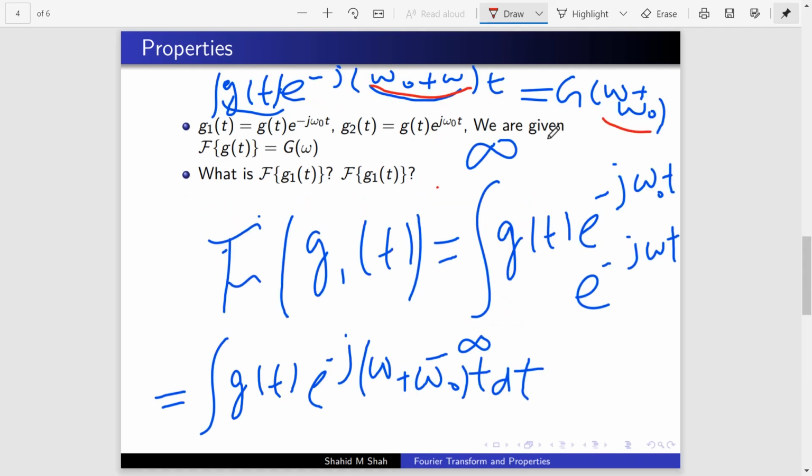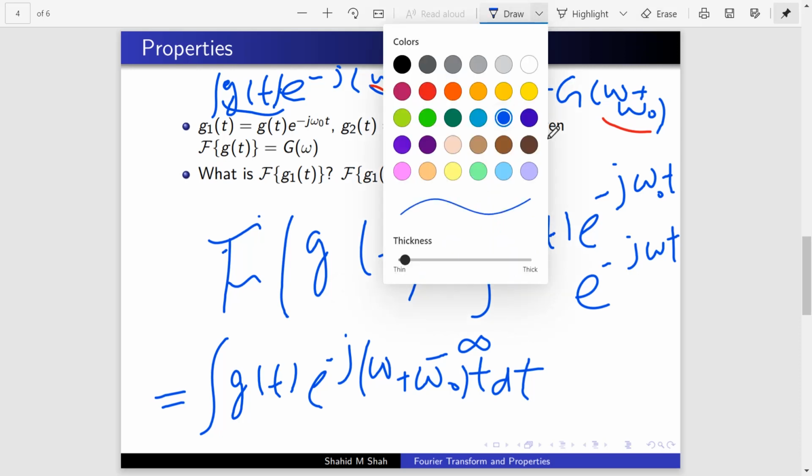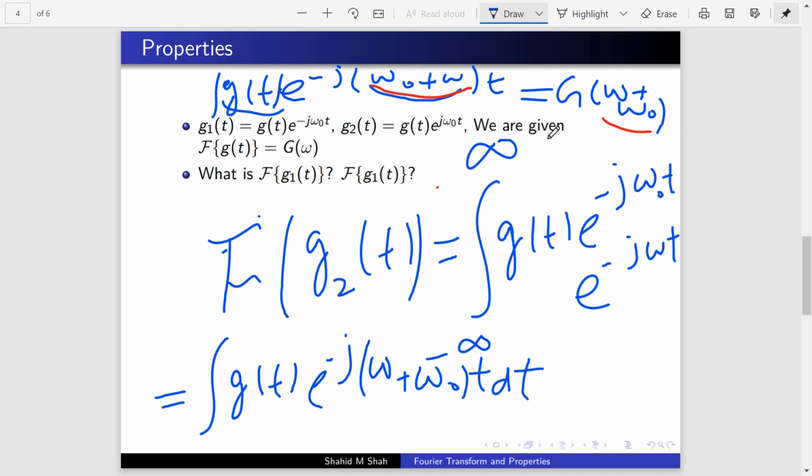Why? Go back to this slide. Now if I write here, I will erase it. Okay, so if I write here g2 of t, right? So it is plus j omega t, right? So then it becomes here plus, and here it will come minus.